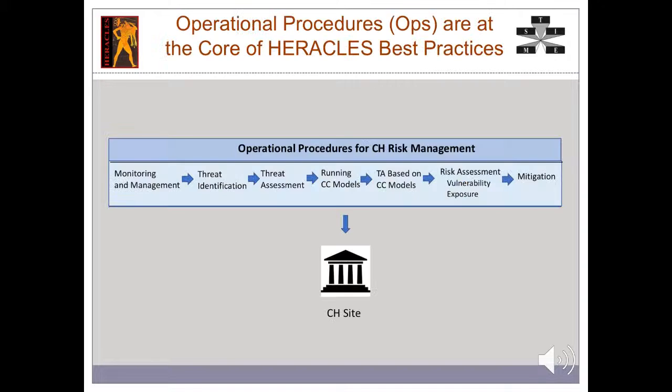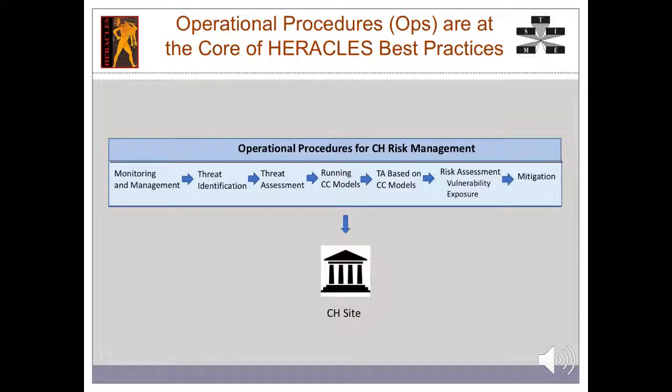The first thing I want to talk about are operational procedures. They're at the core of the practices developed by Heracles, and they provide a sequence of steps that coordinates the activities performed by the team working to make cultural heritage sites more resilient to climate change.